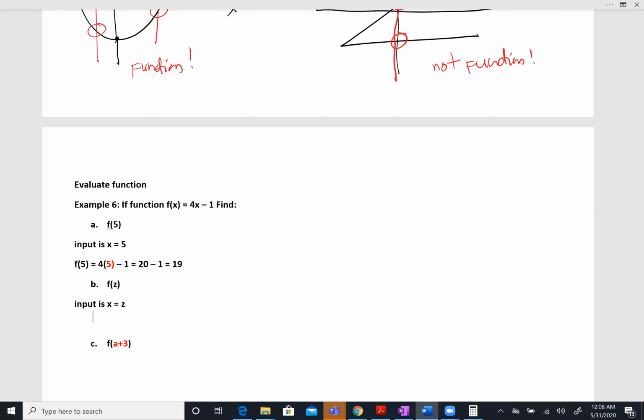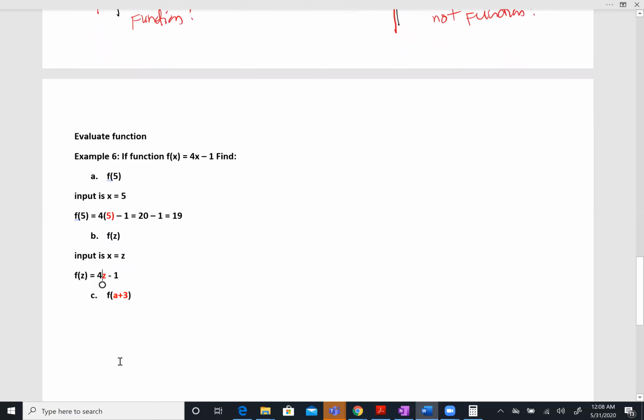So f of z equals 4 times z minus 1. I'm going to put the red color here. I don't even need the parentheses because there's no way to simplify more. So I just keep 4z minus 1.